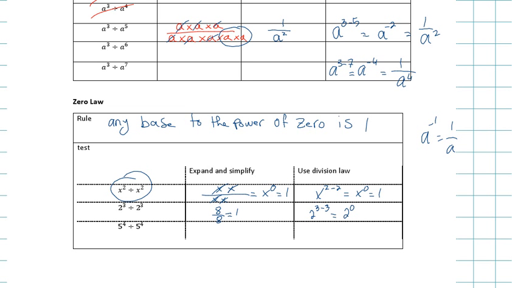This is basically just to tell you that anything to the power of 0 is 1. Anything divided by itself is 1. If we plug this one in the calculator, there's going to be 1. Do you guys understand that?